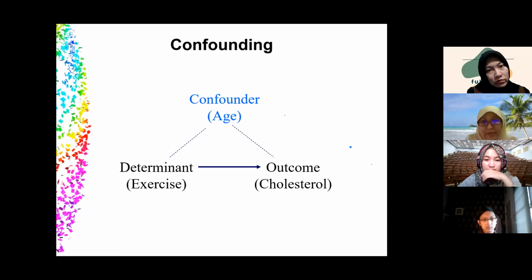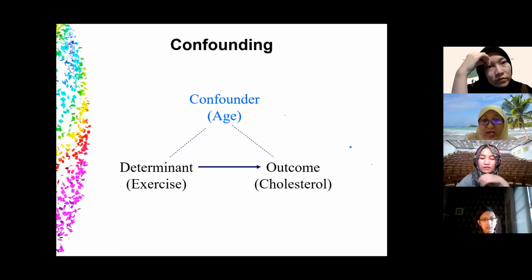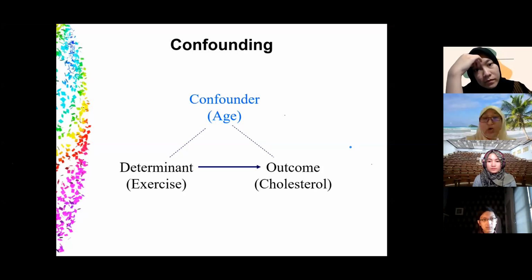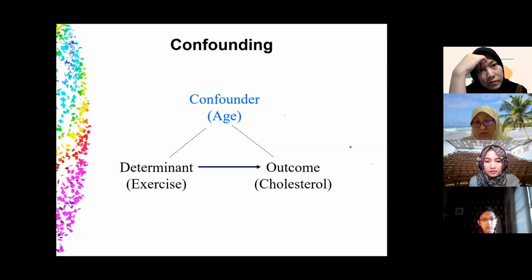Another example of confounding, if the study you are reading is looking into whether exercise cause high cholesterol. We know that less exercise, high cholesterol. At the same time, the main confounder is age, because we also know when the age increase, the cholesterol also increase. So if we conduct a study to see whether exercise associate with cholesterol, but the study forgot about this main confounder, which is age. Yeah?